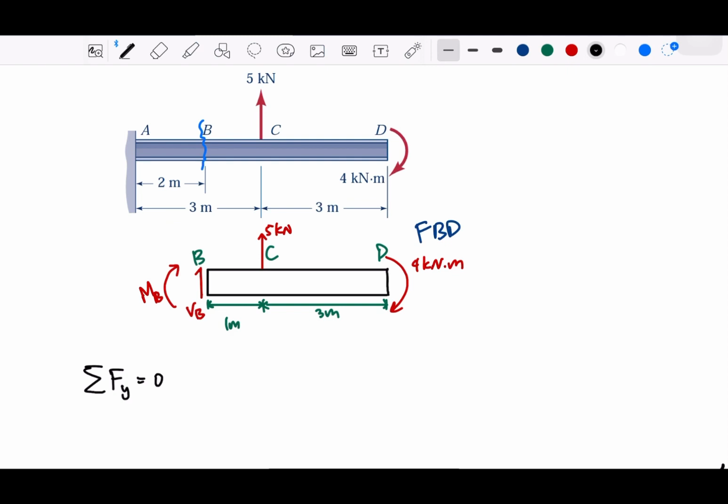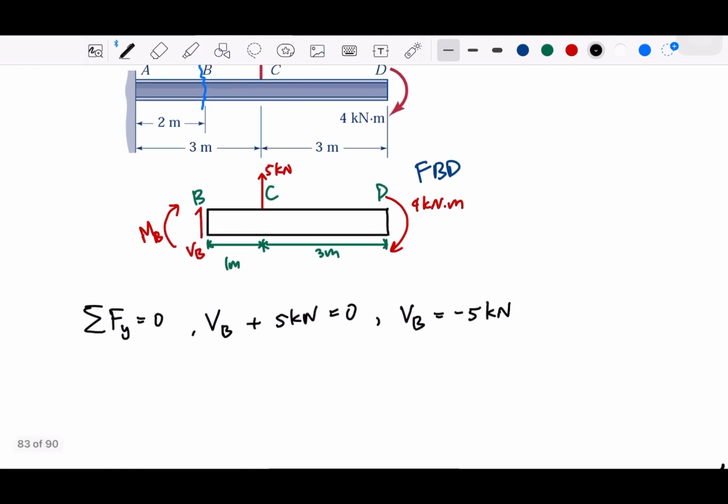So we know that VB plus 5 kilonewton is equal to 0. So from this part, we know that this VB is negative 5 kilonewton. And then let's take the sigma moment at B equal to 0.